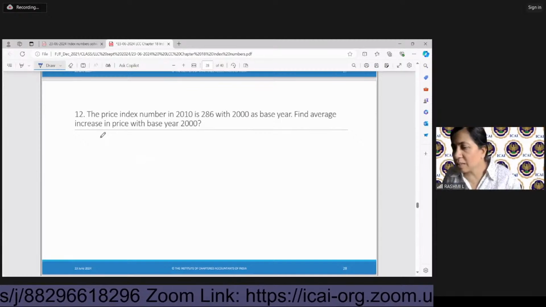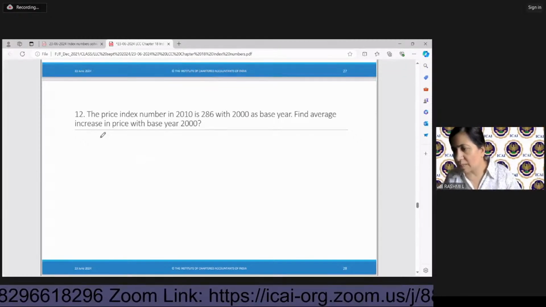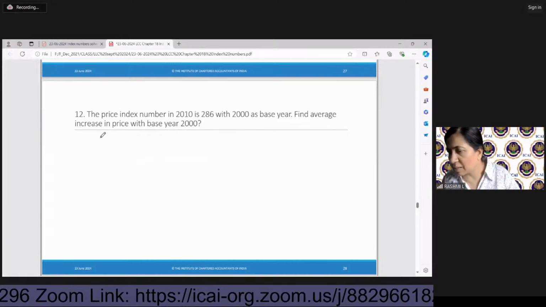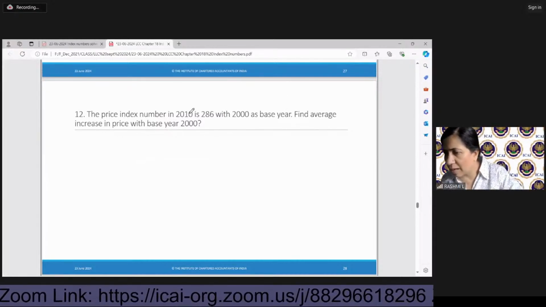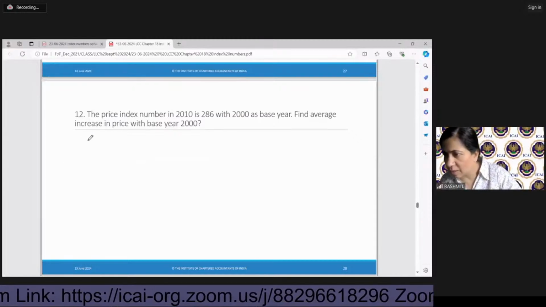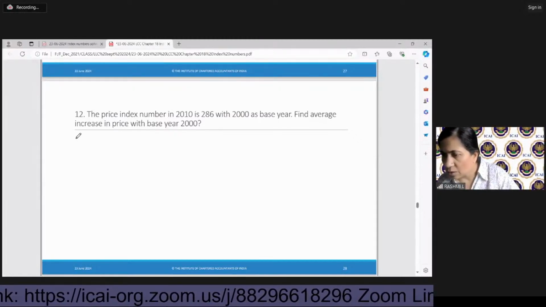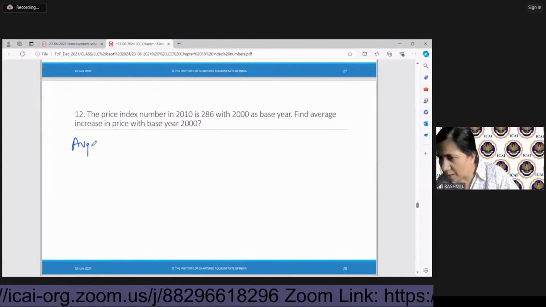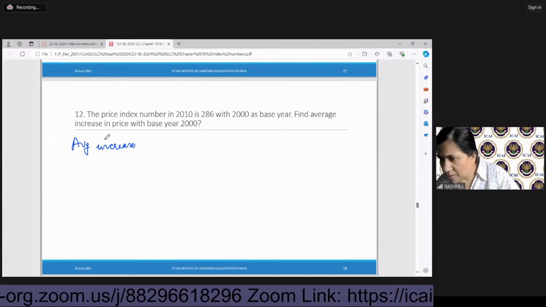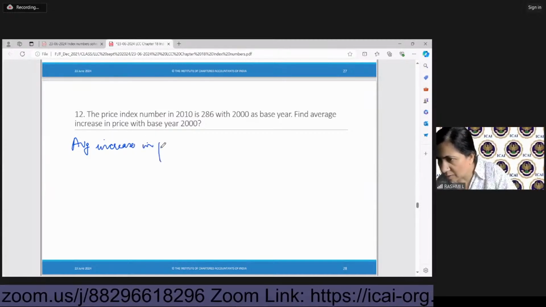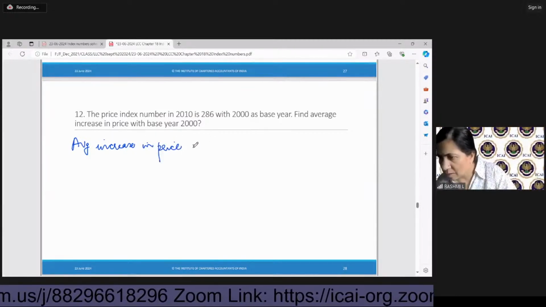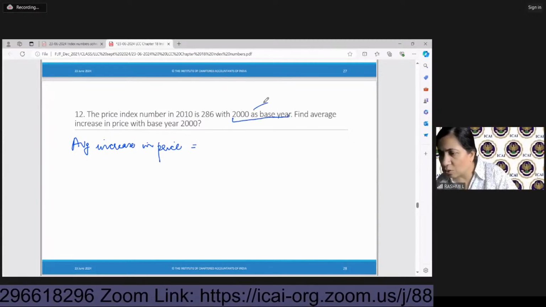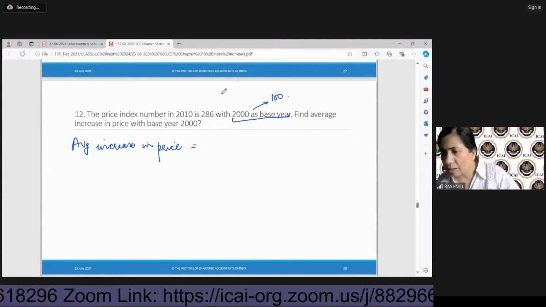The price index in 2010 is 286 with 2000 as the base year. Find the increase in price with the base year 2000. Find the average increase in price. So this is very simple. What they have given is 2000 as base year, so the price there is 100.